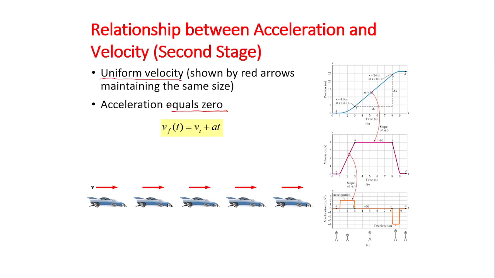But this doesn't mean that the car or object is not moving. This car is moving, but what's not changing is the velocity. It's just moving at the same pace, enjoying the movement. So that's the case there.